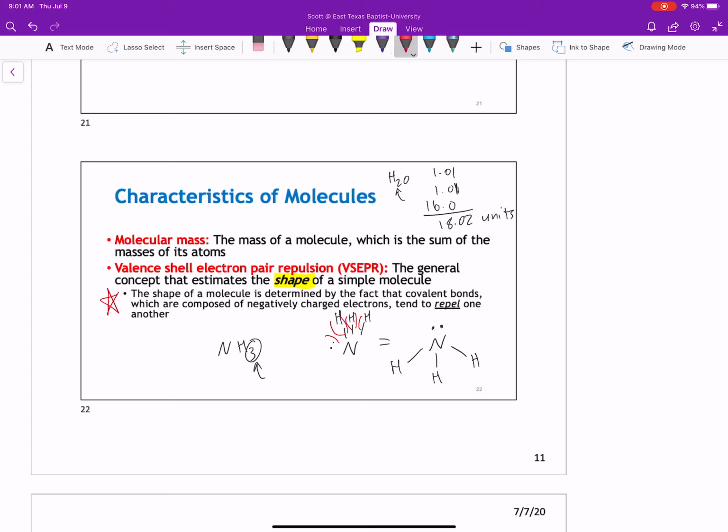Notice that in each case, they are about as far away from each other as they can be, and also from this non-bonding electron pair. That's the basis of VSEPR, valence shell electron pair repulsion, and now you can see where this theory gets its name. We're looking at the valence shells and how the electron pairs repel each other in order to give it a shape.